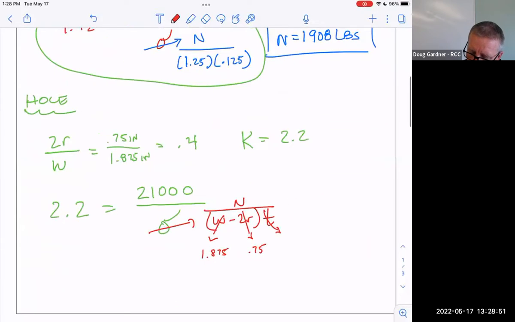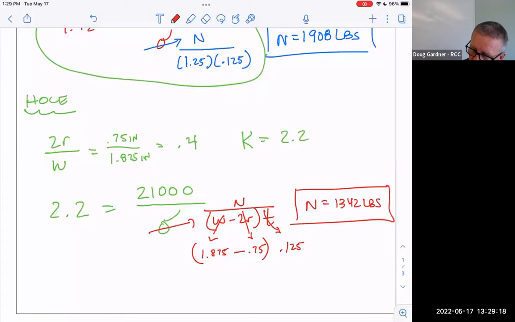Yeah, 0.125. Then I can solve for N. And if I don't screw that up, I get N is 1,342 pounds.